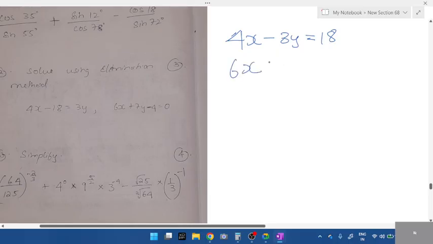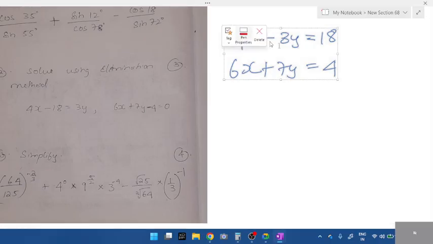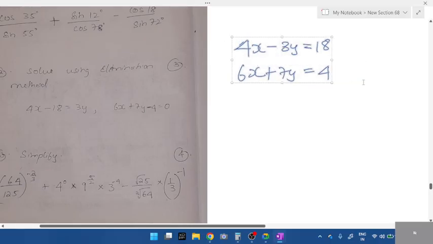6x. 4 or minus 4? Well, you should be thorough. Even if I cross question, you should give me the right answer. Which one did you cancel? If you try to cancel x, x becomes complicated, students.